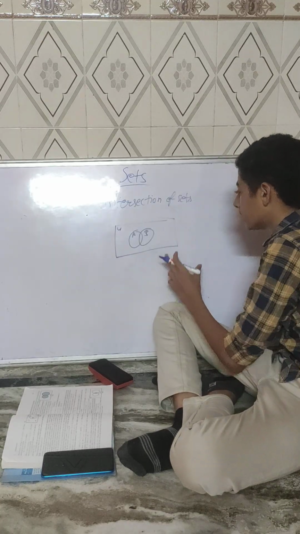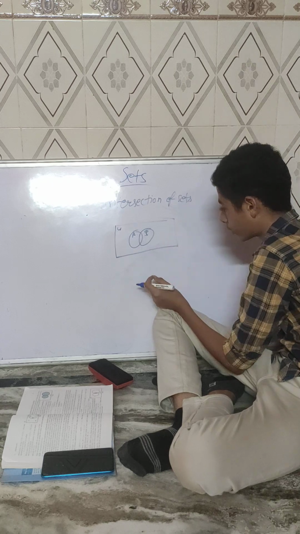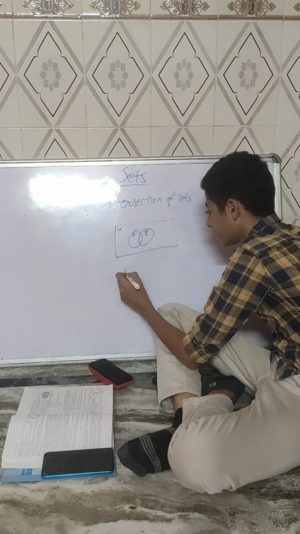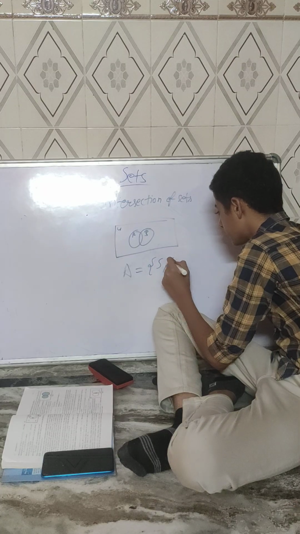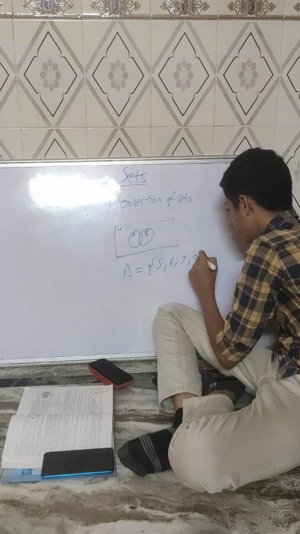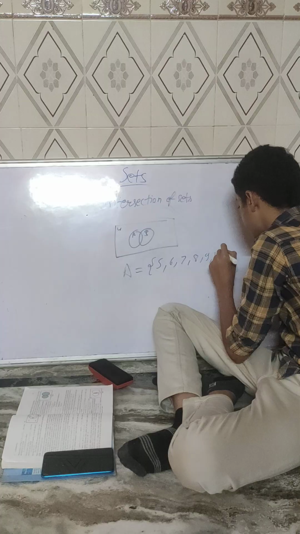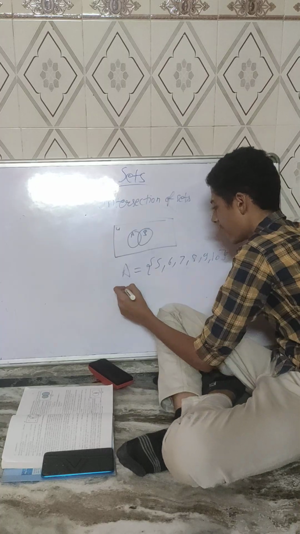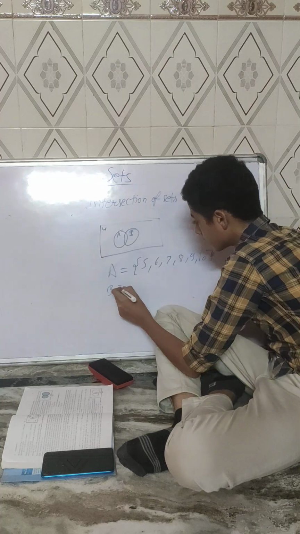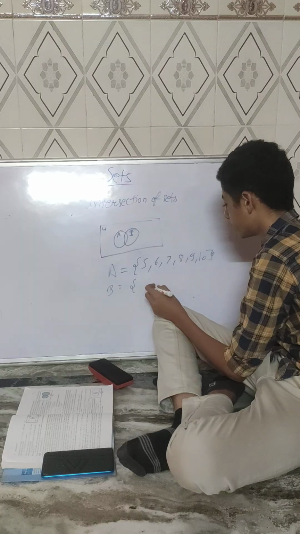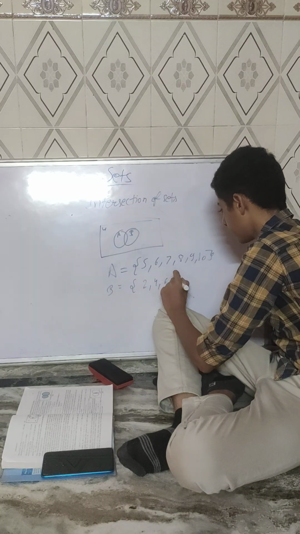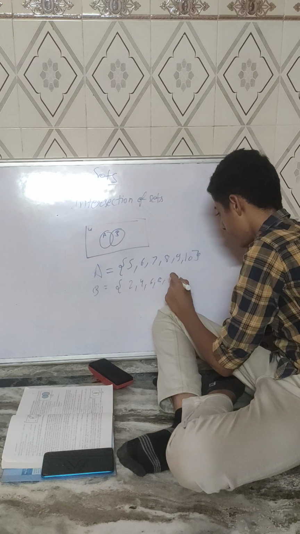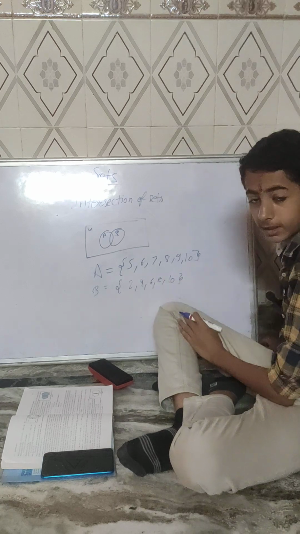For example, let's take the rectangle as the universal set of natural numbers, and set A has 5, 6, 7, 8, 9 and 10 as elements, and set B has 2, 4, 6, 8 and 10 as elements.